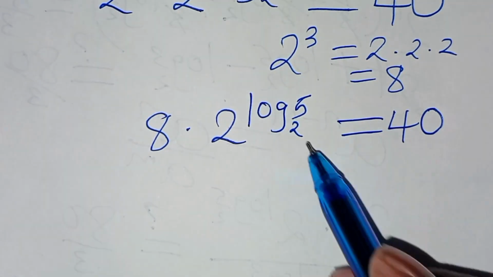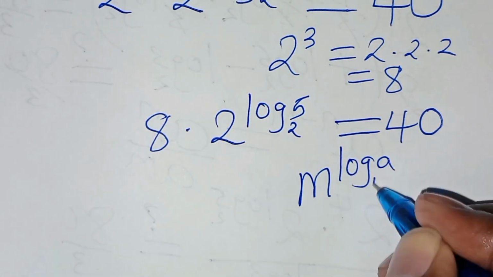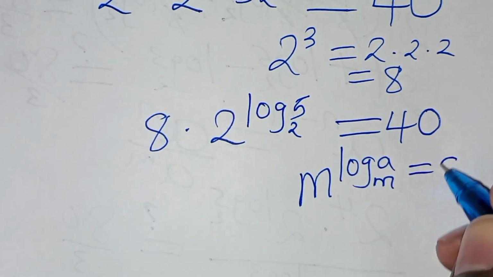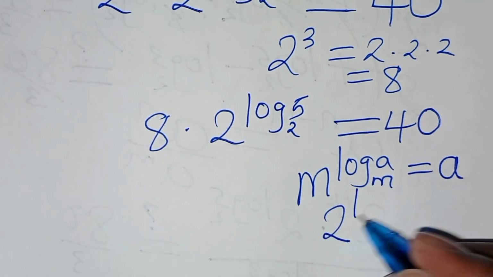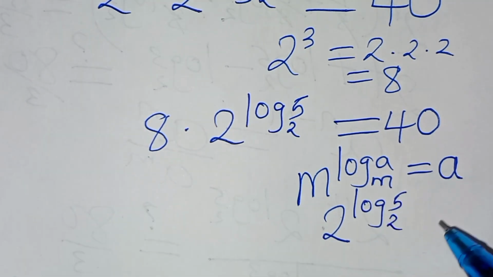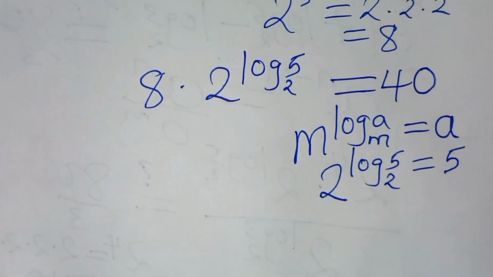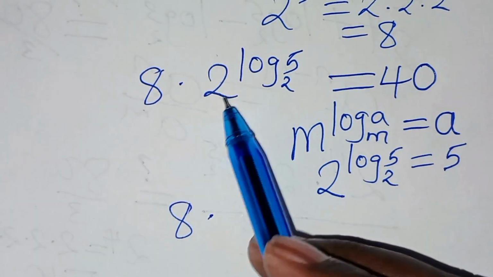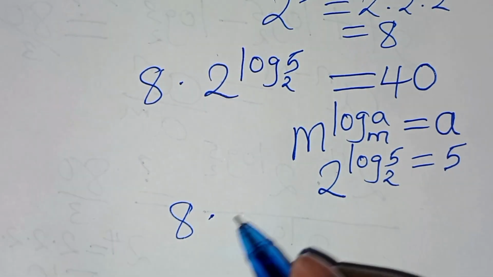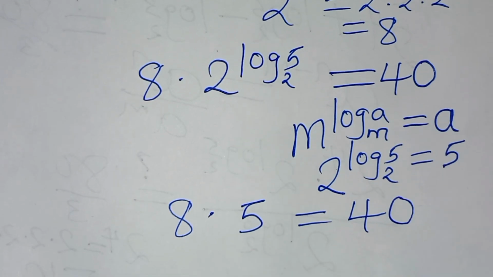So 2 to power log 5 to base 2, this is in the form of m to power log a to base m. This is supposed to give us a value of a. So this follows that 2 to power log 5 to base 2 should give us a value of 5. So let's substitute this. We have 8 times 5, and this should give us a value of 40.